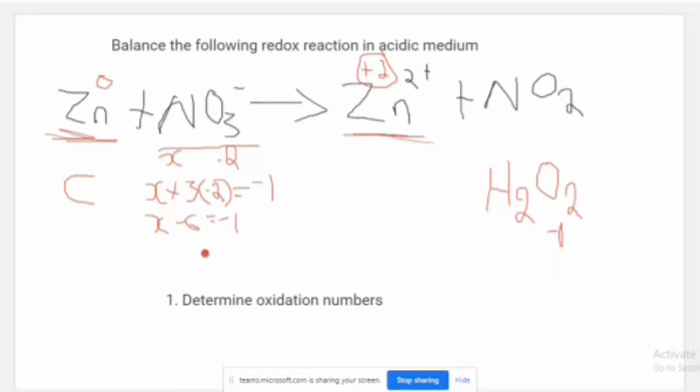Then we have to collect the like terms at this point. So X will be equal to -1. When this 6 crosses the equal sign, it is going to be +6. The sign changes.